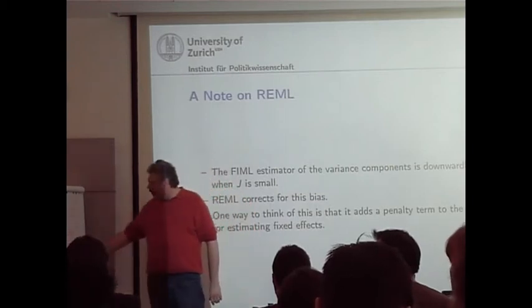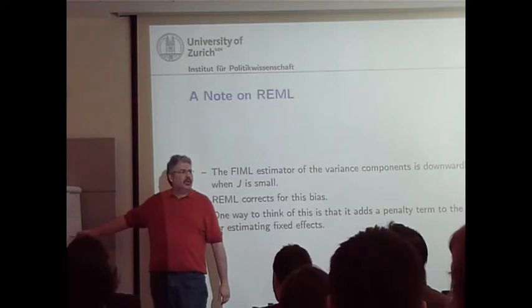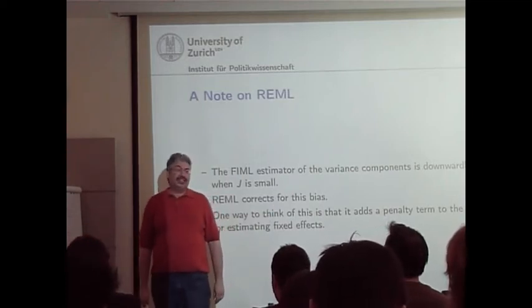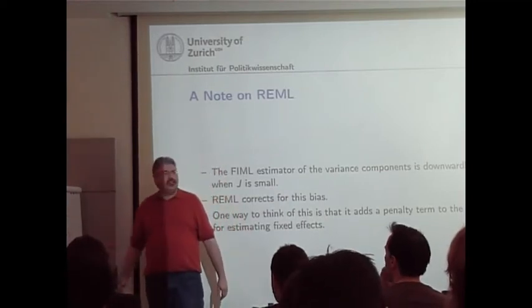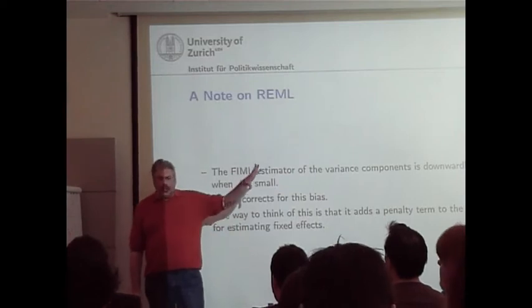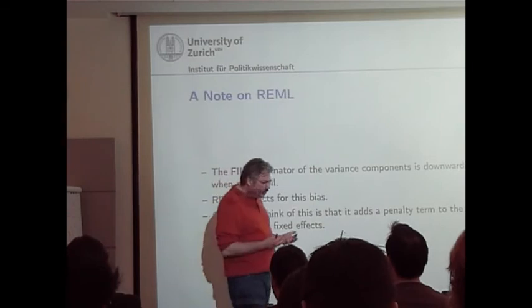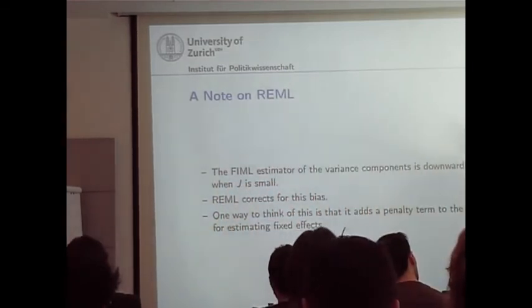And we say we lose a degree of freedom because we had to estimate this y-bar. That's what restricted maximum likelihood does, in a sense. It's correcting by subtracting the degrees of freedom that we lose by estimating fixed effects. And by doing that, you end up removing the downward bias.